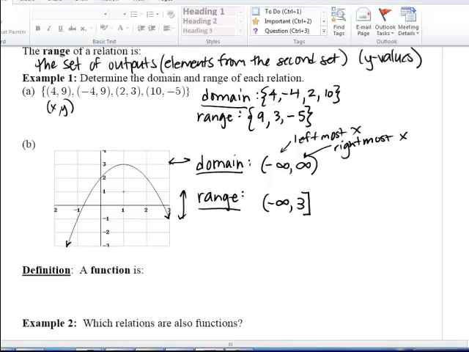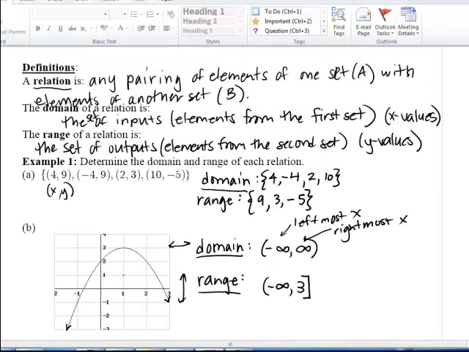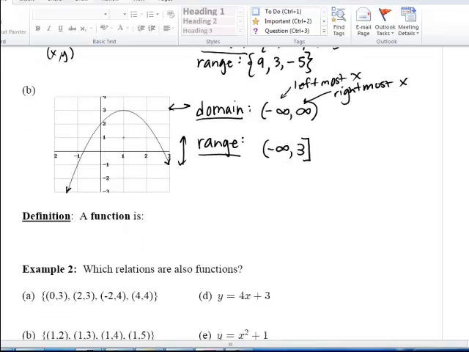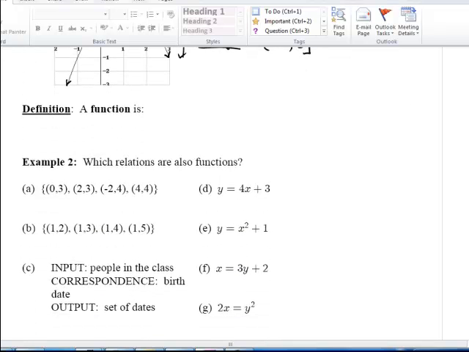So for a relation, there's absolutely no restriction on the pairing of the elements from one set with the elements of another. Then, to talk about a function, we add a restriction. So a function is a relation, so a pairing of elements of one set with elements of another, in which each input is paired with exactly one output.